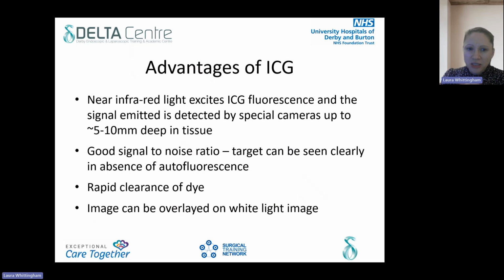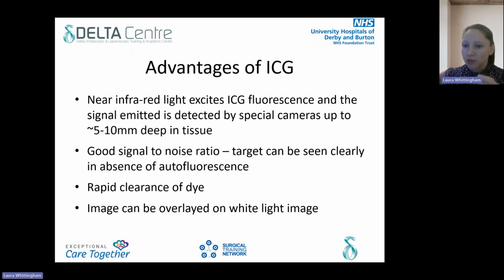The advantages of ICG is that, as I mentioned, it can penetrate 5 to 10 millimeters deep into tissue, so you can see beyond what you could see with the naked eye. It's also got a very good signal to noise ratio because the near infrared light only fluoresces the ICG dye.